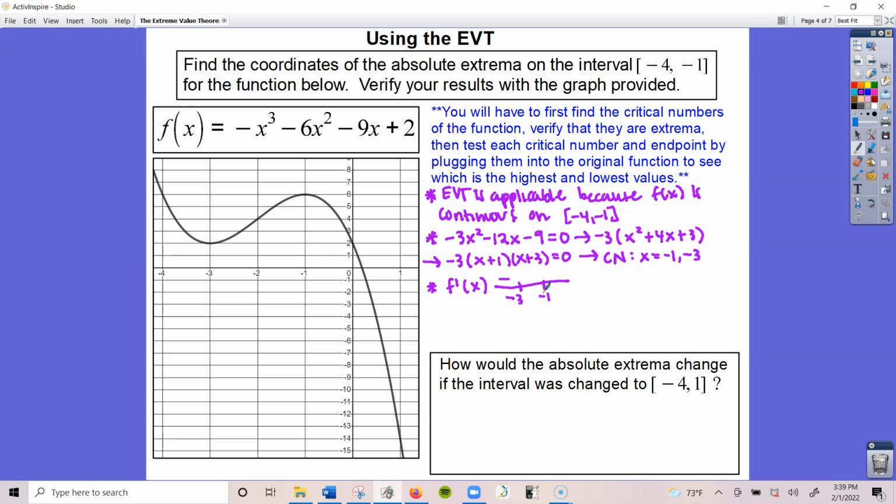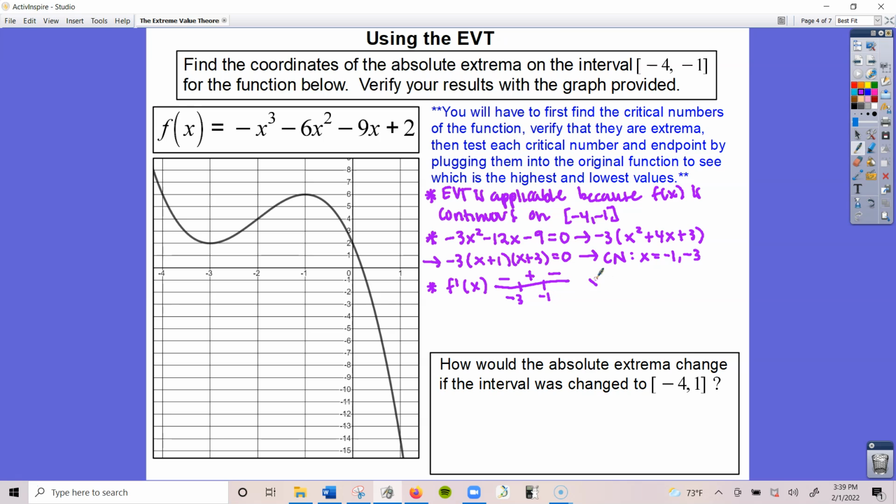If I plug in negative 2, which is in between, negative times negative 2 plus 1 is negative, times negative 2 plus 3 is positive. So negative times positive is positive. And if lastly I plug in 0, this would give me a negative times a positive, which would be negative. So negative 3 and negative 1 are extrema.